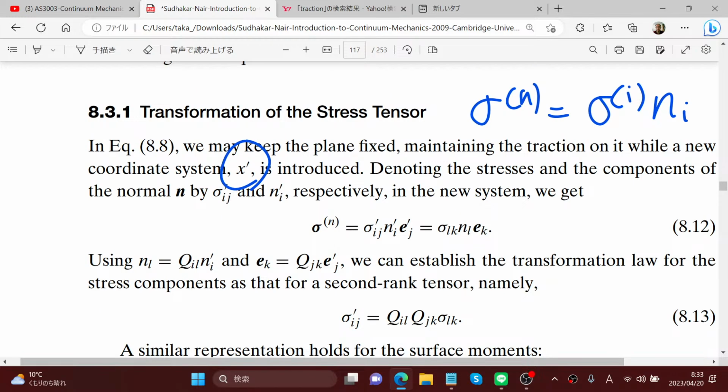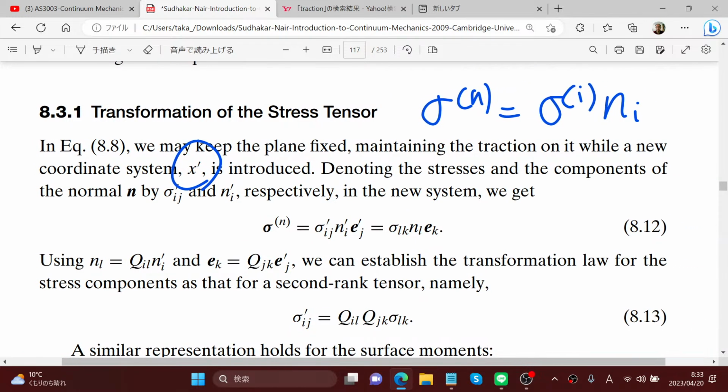Denoting the stress and components of the normal n by sigma ij prime and ni prime respectively, in the new system we get sigma n.